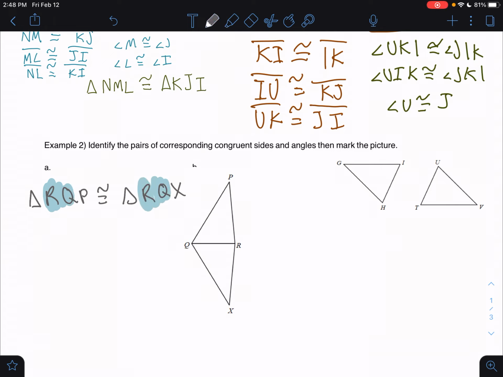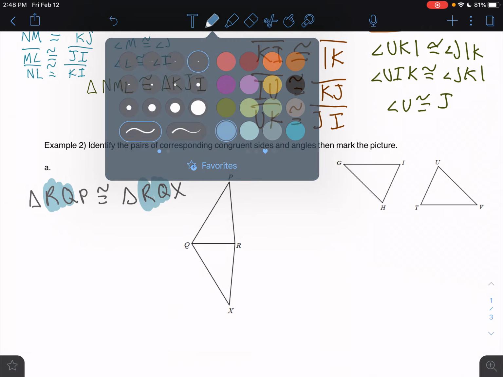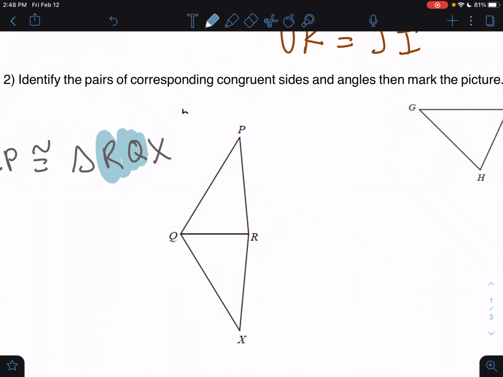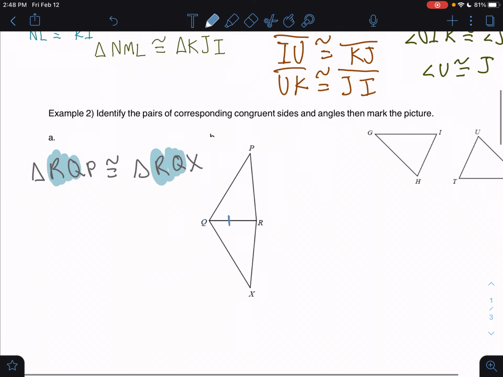So that just means that right here, the side that they share is congruent. So let's go on to the next one, which would be side QP and side QX. So I'm going to use 2 tick marks here, QP and QX. And then finally, we do the first and the last letters. So RP is congruent to RX.